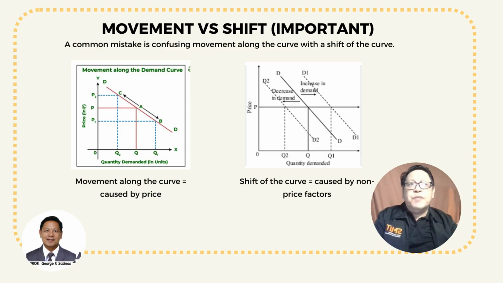While the change in demand, a shift of the demand curve, occurs from non-price factors. And what are these non-price factors? Income, taste, and related goods. They move the entire curve left when there is a decrease or right when there is an increase.